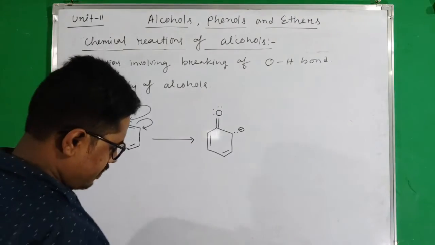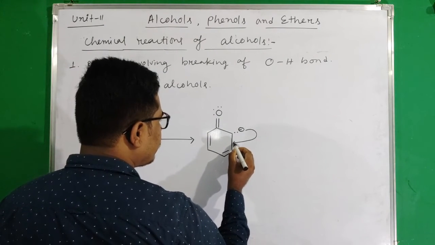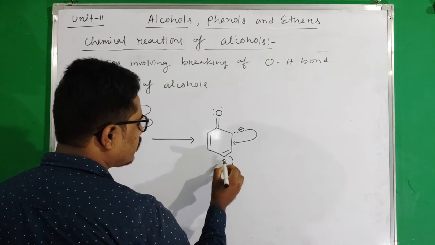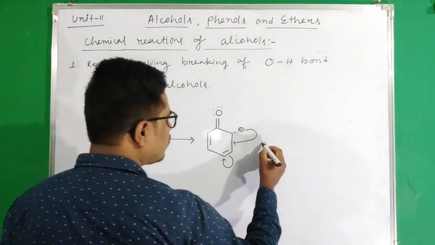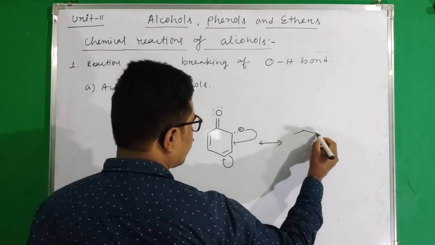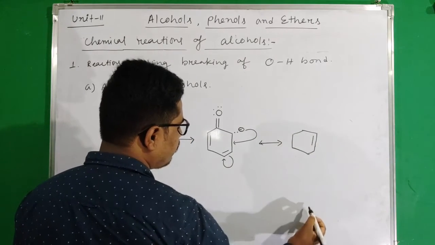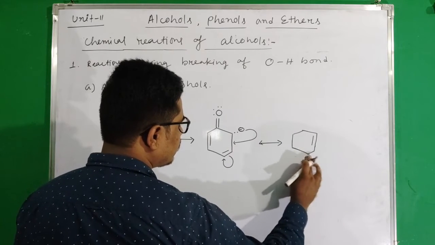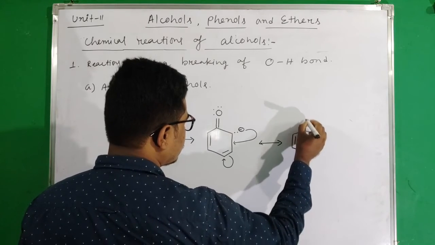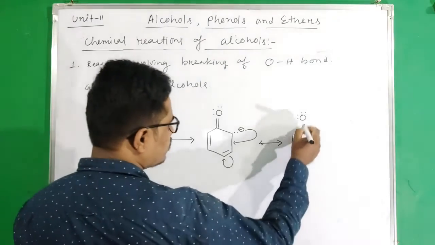Okay. Now these electrons will come here, that means in between these two carbons, and then this pi bond will repel to that carbon. So that means here one double bond will form. After that, one negative charge here. Due to presence of lone pair of electrons, no changes in these positions.